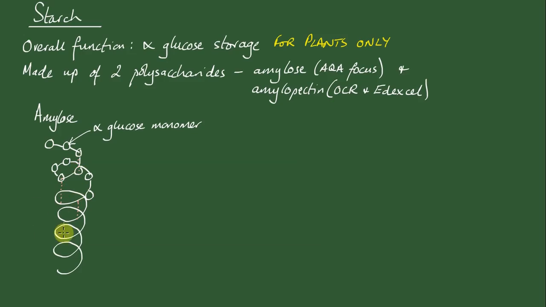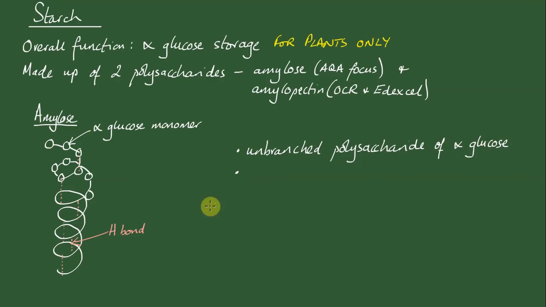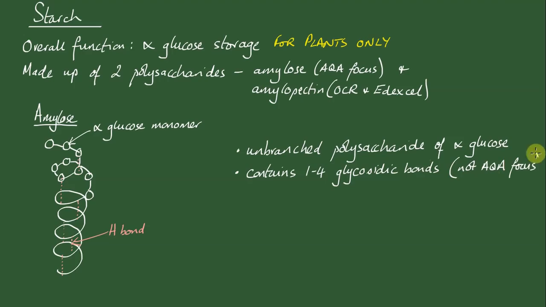And the helix that is formed from those alpha-glucose monomers is stabilised by hydrogen bonds, which form within the molecule. So amylose is an unbranched polysaccharide, and it's made up of alpha-glucose molecules. And these alpha-glucose molecules are bonded by 1,4 glycosidic bonds. This is not a detail that AQA focuses on, but the other 2 exam boards do. So that is the crucial structure of amylose.